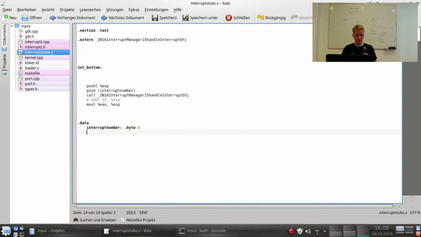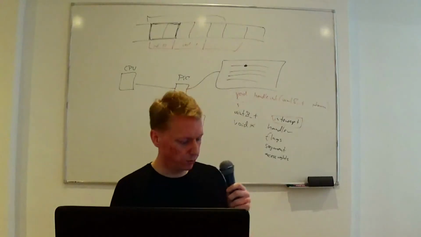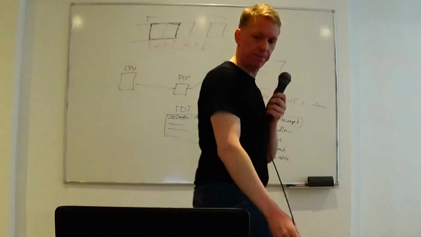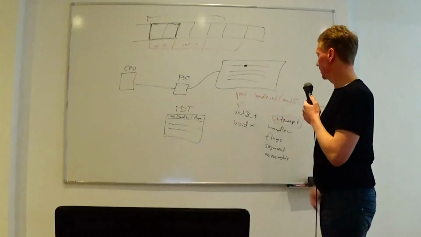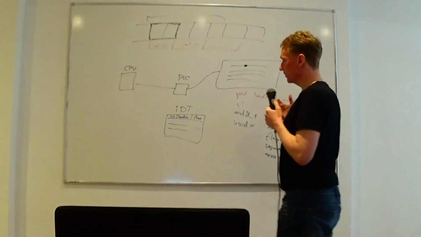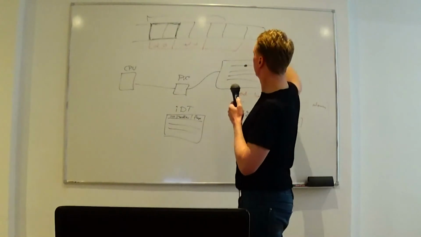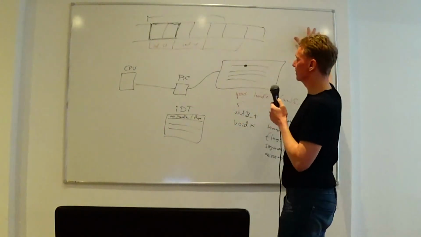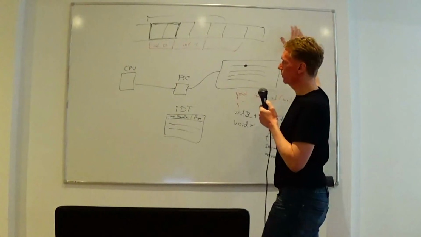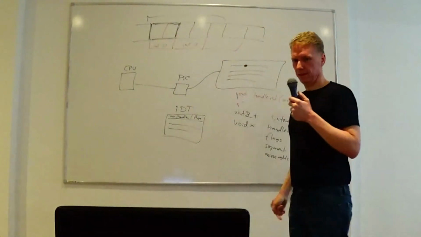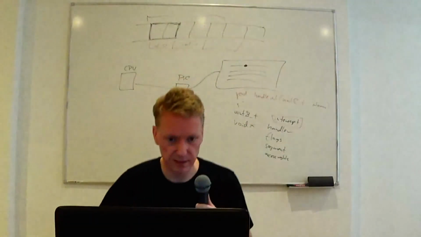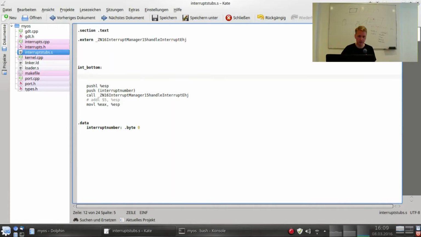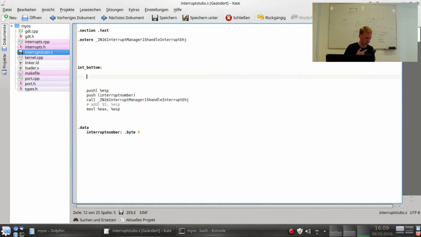Okay, so this code will push these values on the stack and jump into this handle int. Now, as I've told you, we cannot simply do that because the contents of the registers might be important when we return from this event handler. So before we can do this, we actually have to store away the old values of the registers.